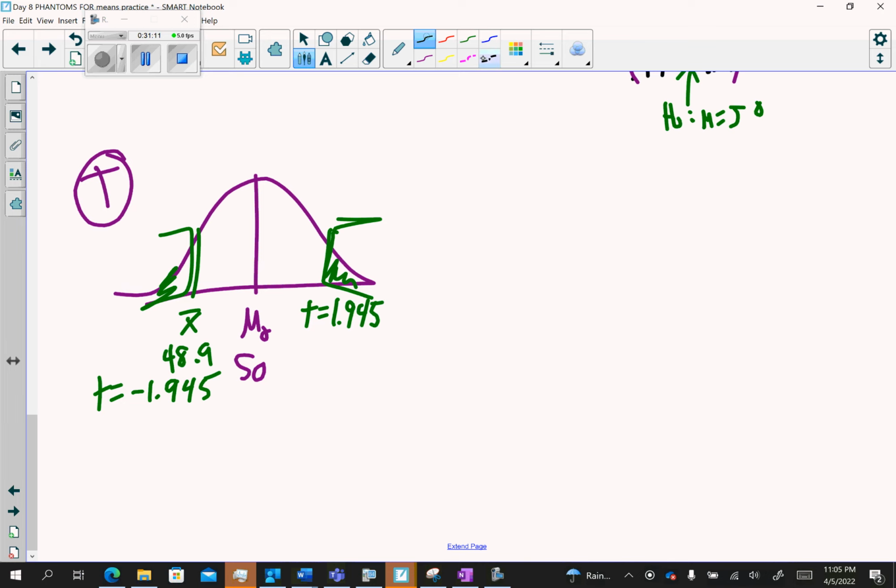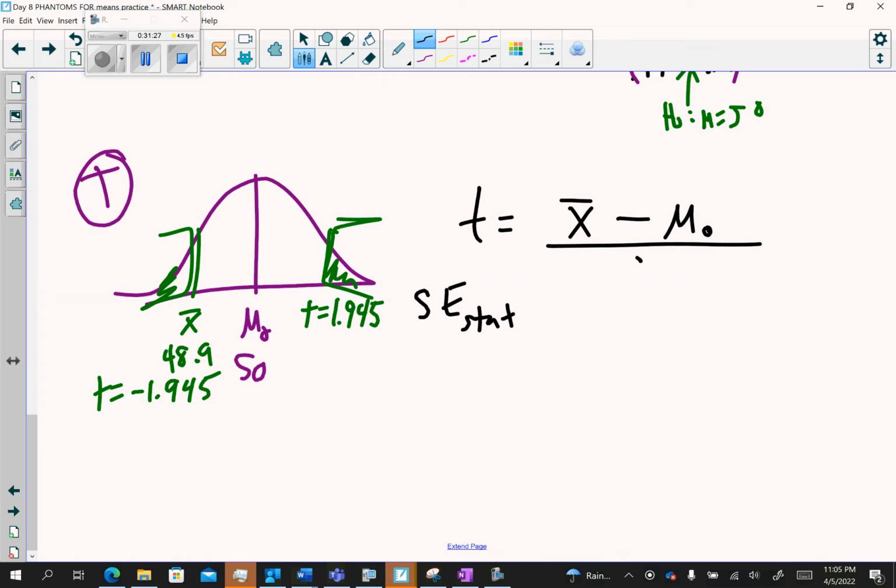If I wanted to do the test statistic formula, t equals statistic, which is x bar, minus parameter, which is mu sub zero based on the null, divided by the standard error of the statistic. So that is s divided by the square root of n, okay?